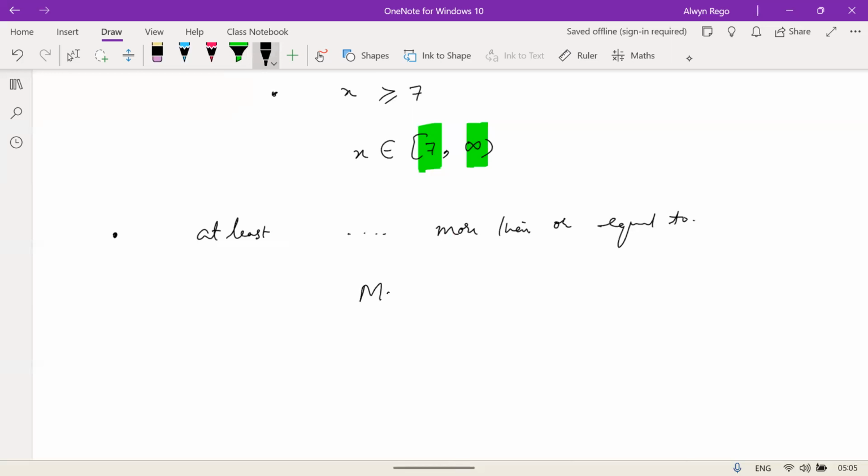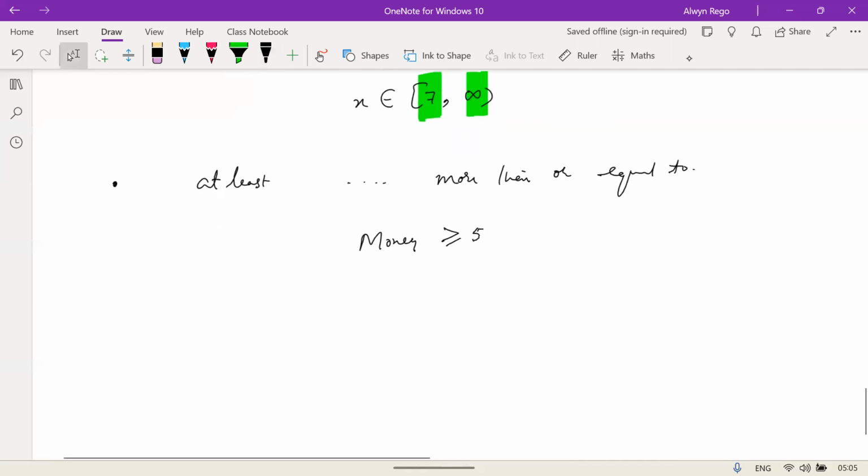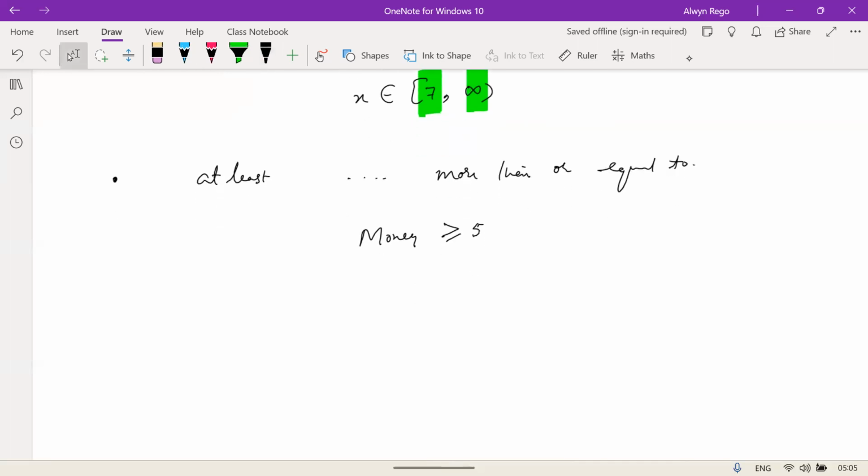So the money you should give me is more than or equal to $5. Give me at least a week to complete this project. So the time that I require is more than or equal to a week. A week is 7 days, so more than or equal to 7. So at least means more than or equal to.